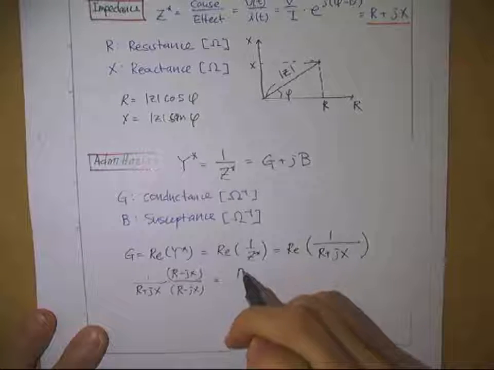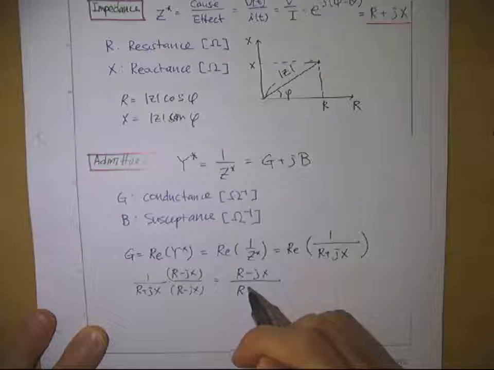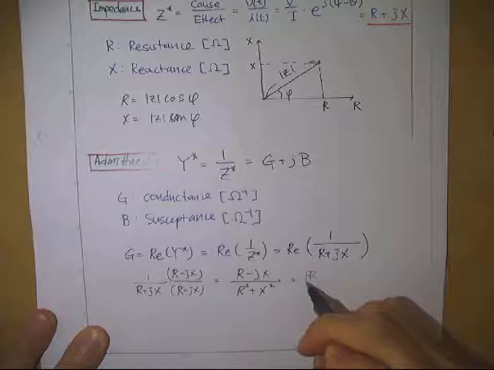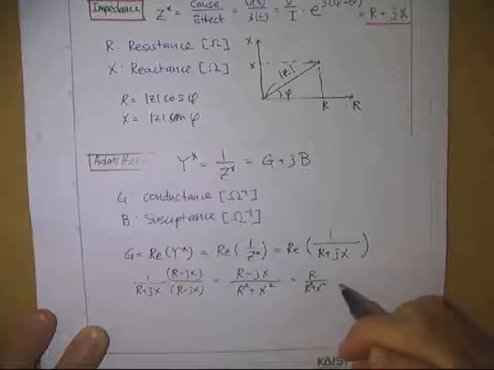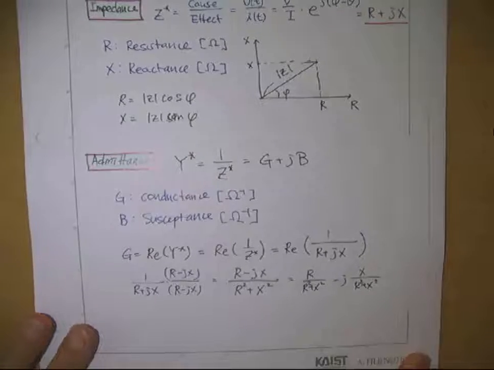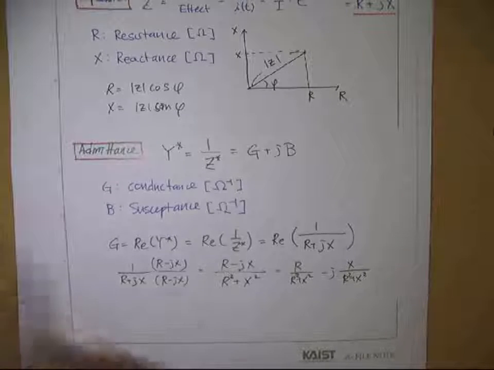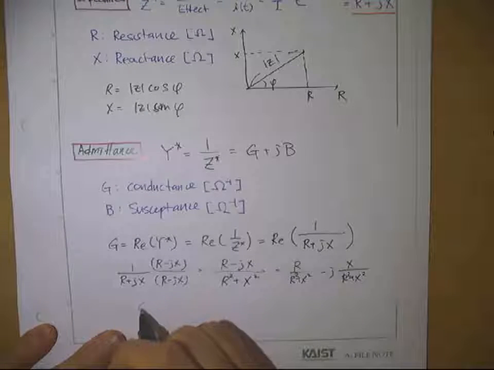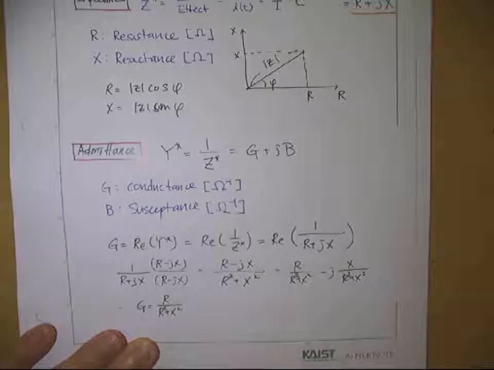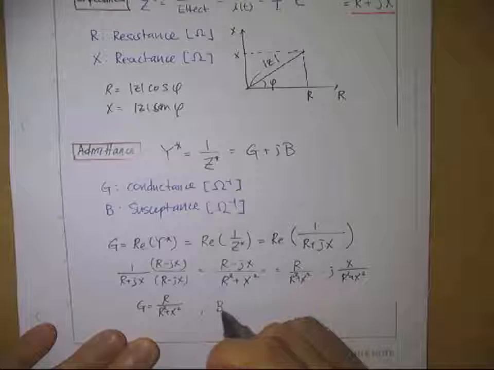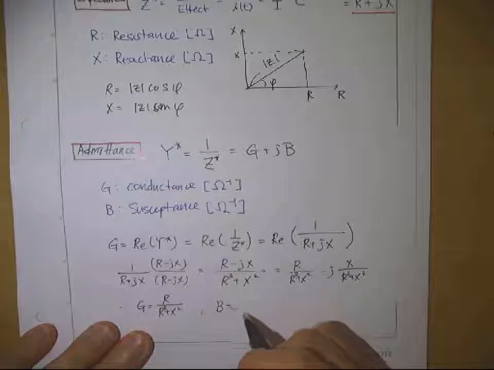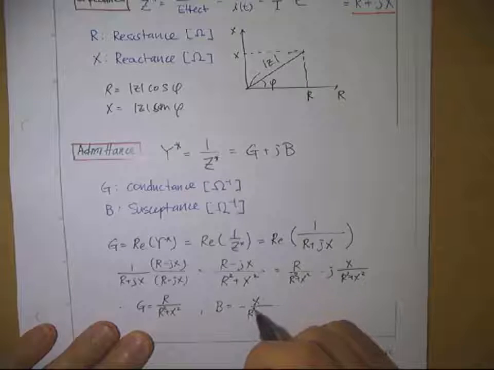So this will give you R minus jX over R square plus X square. So the G is R over R square plus X square, and the B, the susceptance, is the imaginary part of the admittance. This is minus X over R square plus X square.